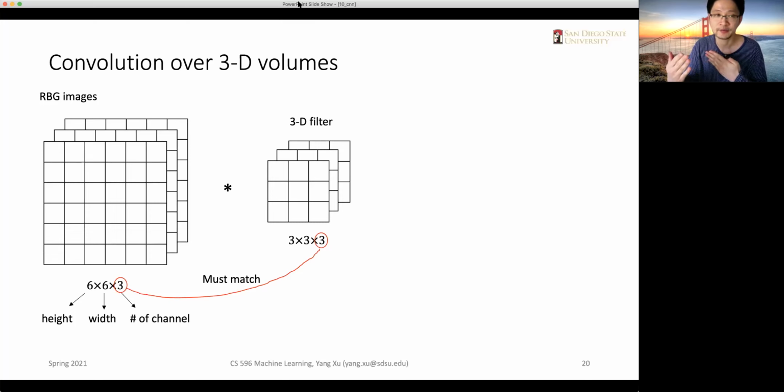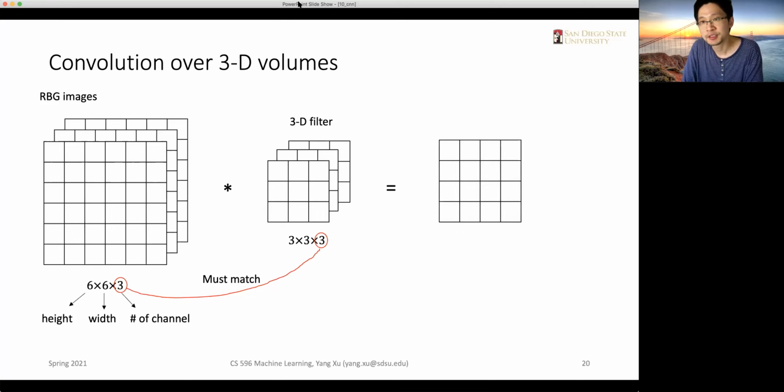And that very thick volume can also be the input for another convolutional filter. Then in that convolutional filter, the inputs will have more than 3 channels. Okay, so let's look at this simplest case.